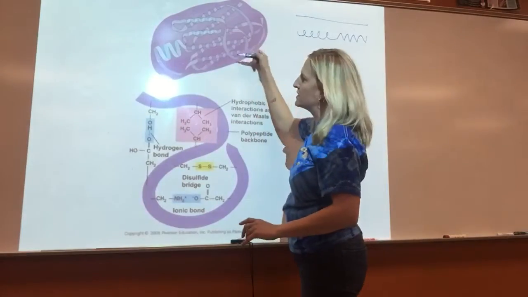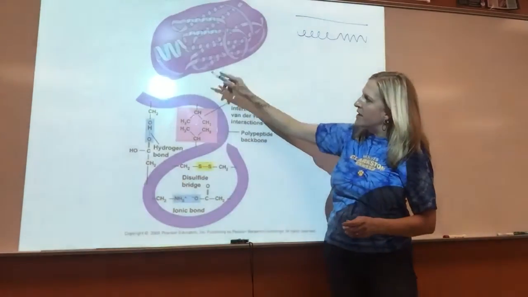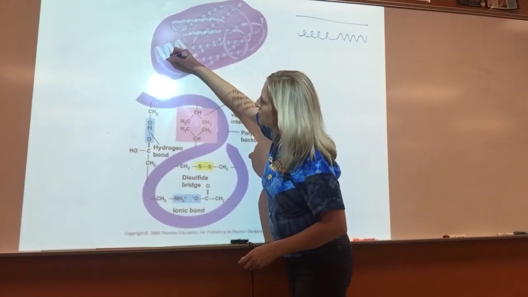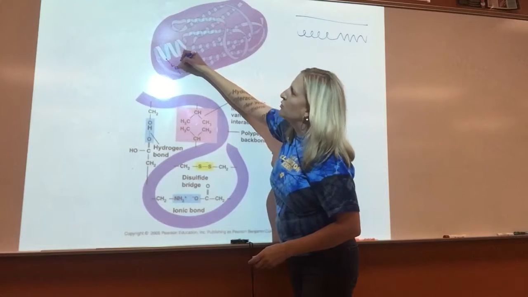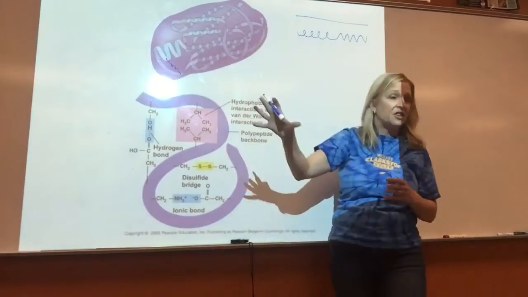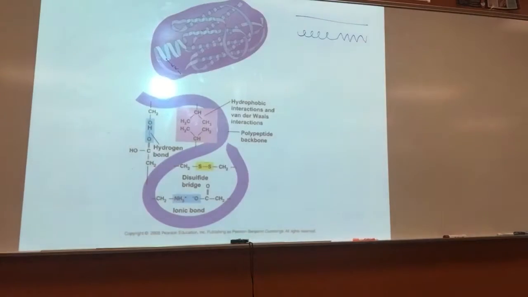You have it curving, and that curving and giving it that three-dimensional shape is stabilized by interactions between R groups. So you could have an amino acid here and an amino acid here, and the R groups interacting to cause this curve to happen and therefore help with the shape. And the types of interactions are these four here on this picture.